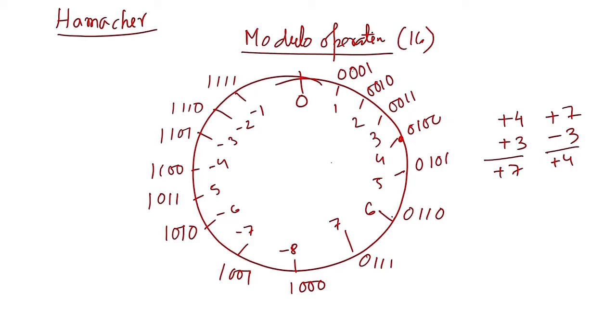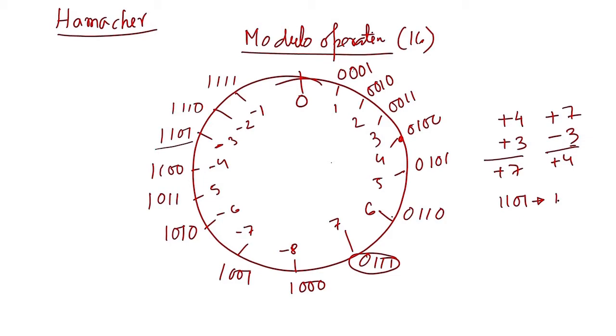So, what do we do? We identify +7, which is somewhere here, and -3. What is the corresponding value of -3? Here -3 is somewhere here, 1 1 0 1. What is the corresponding value of 1 1 0 1 in decimal?